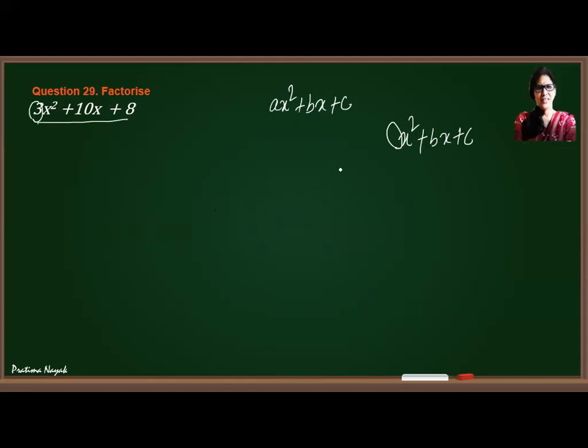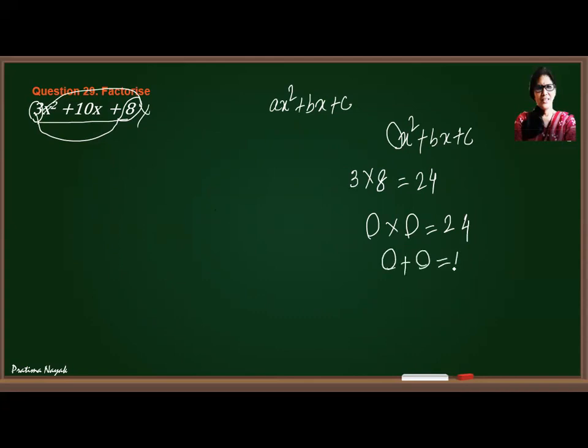You will multiply 3 into 8, where 3 is the coefficient of x square and 8 is the constant. So you have to think of two numbers whose product is not 8, it is 8 into 3, 24, and the same numbers when added give you 10. Multiplication result is 24 and addition result is 10.